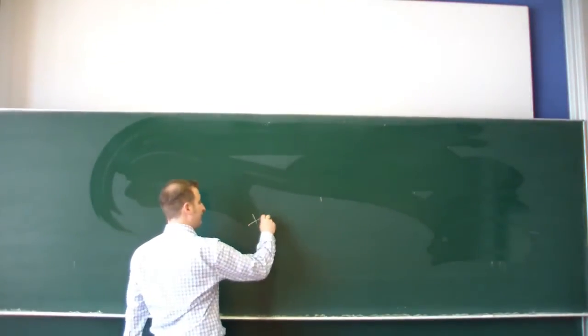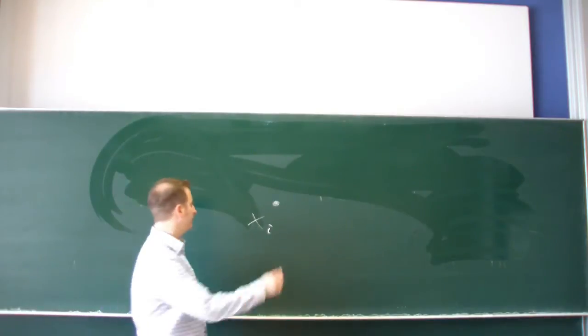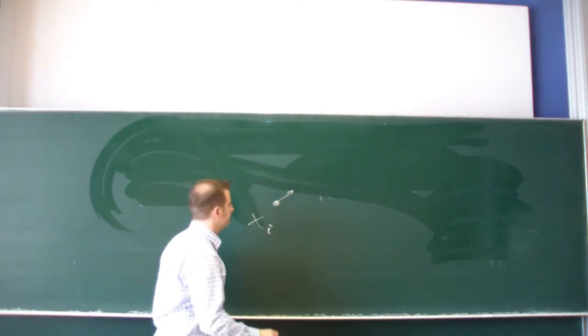Let's say this is my xi, where the robot is sitting, looking in this direction.